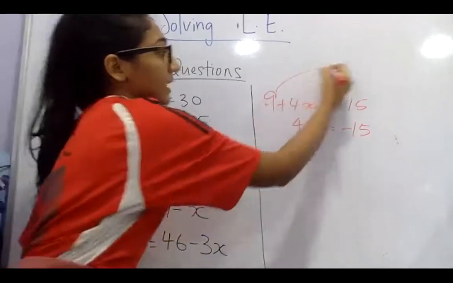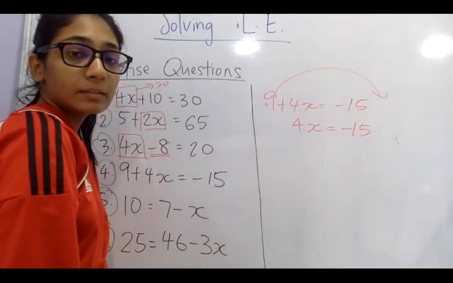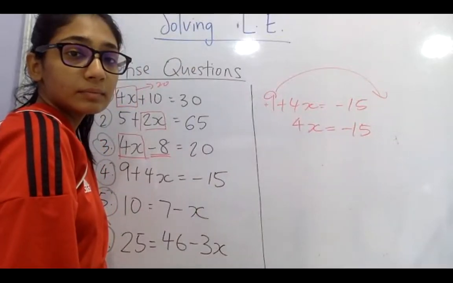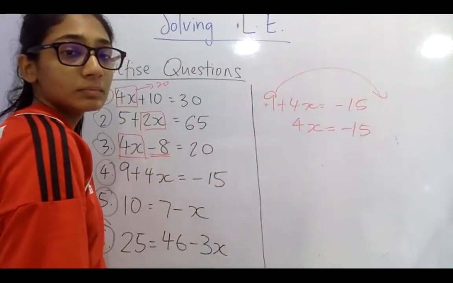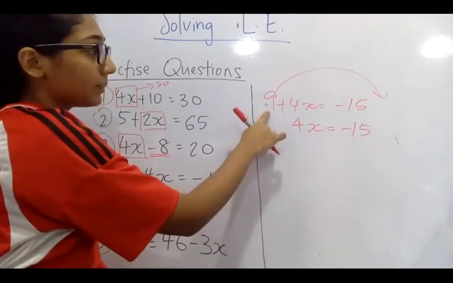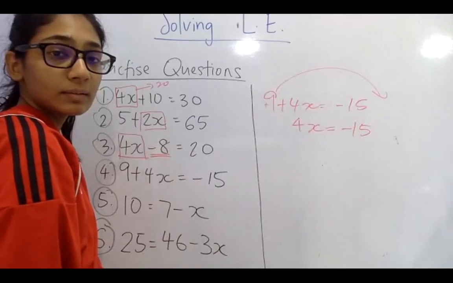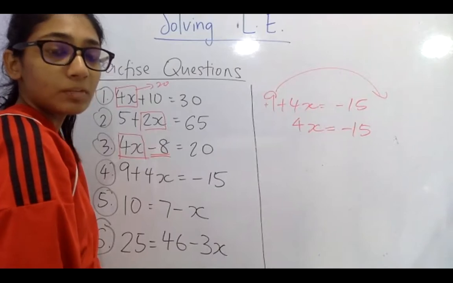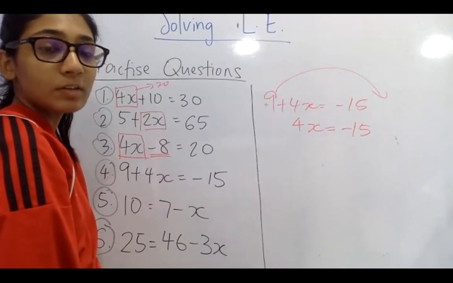So if this is plus 9, Silver, if I bring over, what will it be? Here is already plus, so I bring the opposite side. What's the opposite of plus?